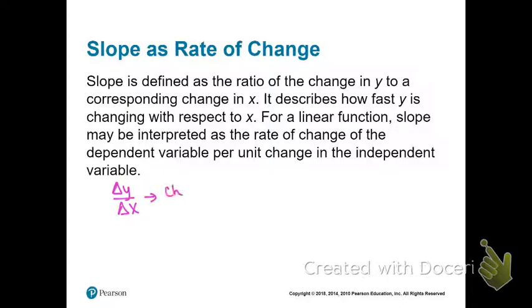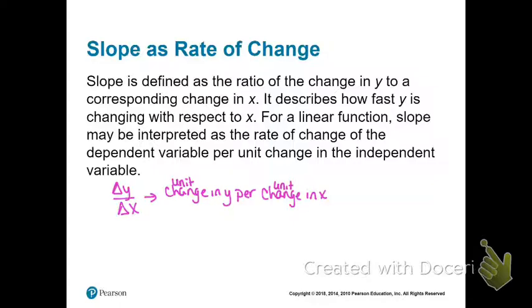So it's going to be the change in y per the change in x. So you're just really going to be looking for those units. You could even say the units in y per the units of x instead of change in. So you just really got to look for those units. Let me put unit up here so we don't forget.